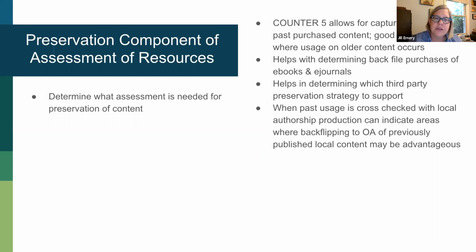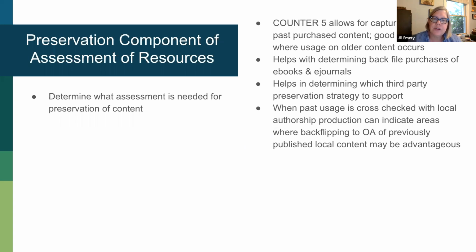In part because this does help with determining what backfile purchases you may want to make with ebooks or e-journals. It also helps in determining what sort of third-party preservation strategy you may want to support, and you may want to make sure you're helping succeed and be sustainable going forward.